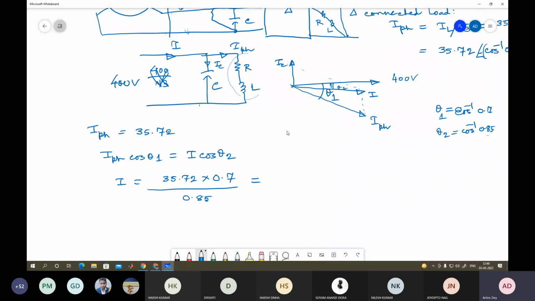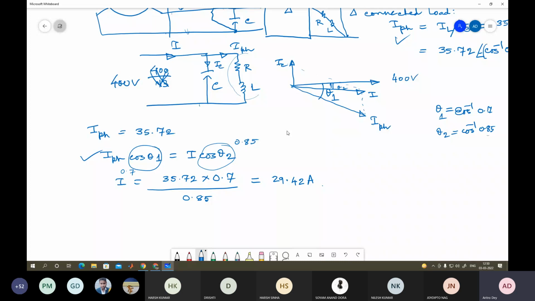Am I clear? This is equal to 0.85 given, this is equal to 0.7 given. I phase we have calculated here. So from here we can calculate I, which turned out to be 29.42 ampere. So this is our I.